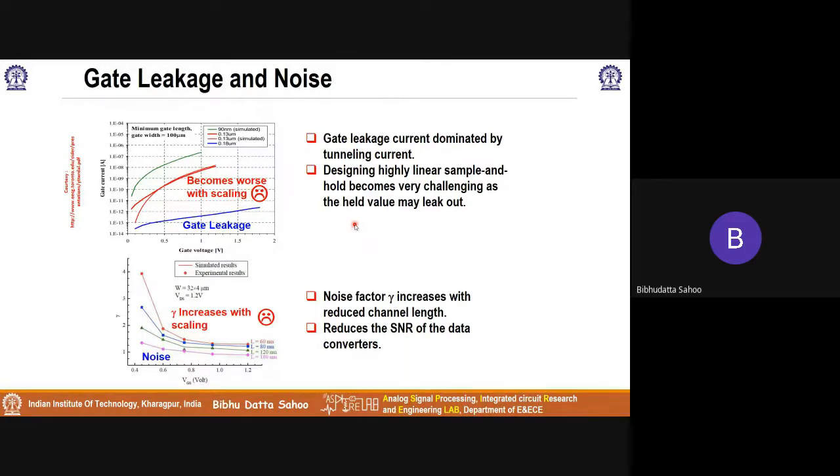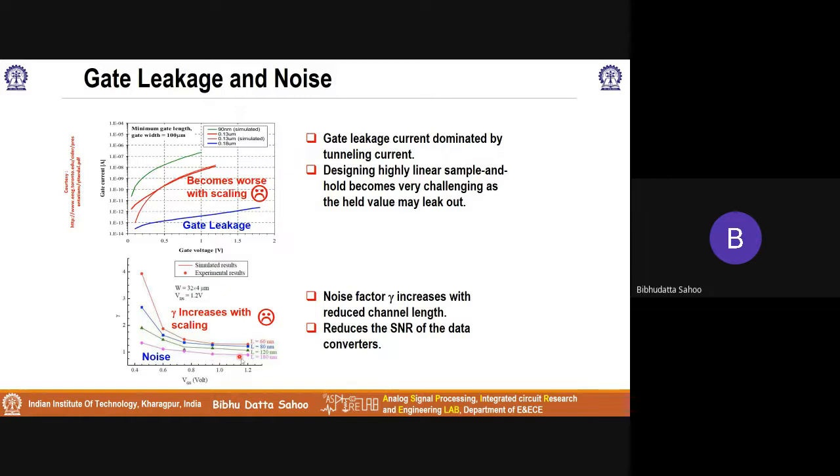Okay. Now, the next thing is the noise factor, as we talked about. The noise factor gamma increases with reduced channel length. We said that in lower technology nodes, at 180 nanometer and below, gamma is close to 2/3.